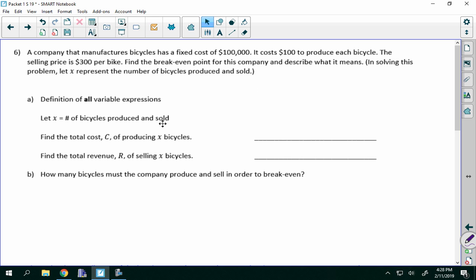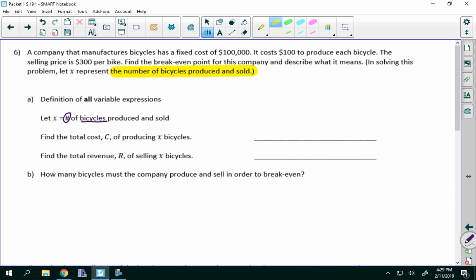The very first variable we need to define is X, which we've done for you: the number of bicycles produced and sold. Anytime you write a definition for an unknown quantity or variable expression, you should be able to circle a quantitative word, in this case number, and underline the unit. In this case, it's bicycles.